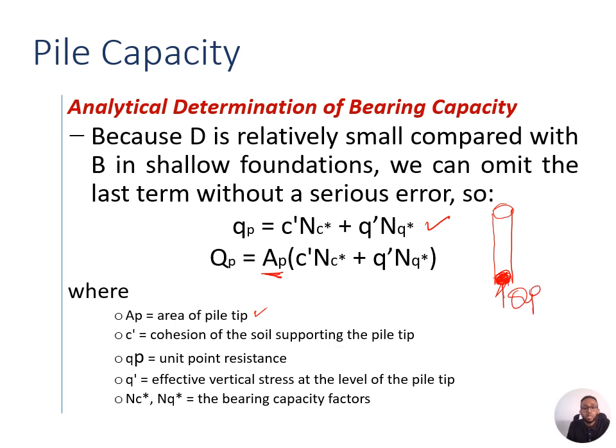In order to determine QP, we need AP, which is the area of that pile tip. C represents the cohesion of the soil supporting the pile tip, and small qP represents the unit point resistance. q is the effective vertical stress at the level of the pile tip, and Nc and Nq are called the bearing capacity factors.